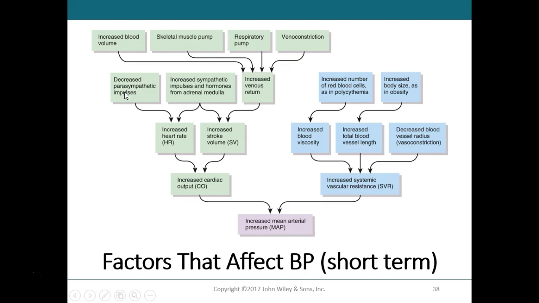Decreasing your parasympathetic impulses or increasing your sympathetic impulses increases your stroke volume, your heart rate, and cardiac output, and that's going to increase your blood pressure. When we're looking at peripheral resistance, remember, anything that increases blood viscosity or increases the length of the blood vessels is going to increase peripheral resistance, as does vasoconstriction of those blood vessels, increasing resistance and increasing mean arterial pressure.